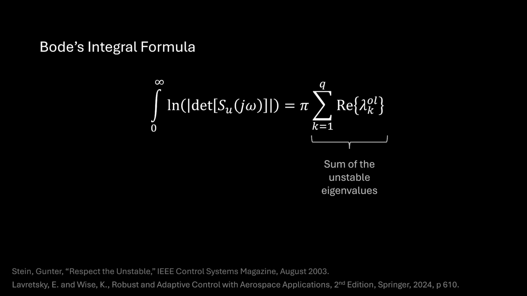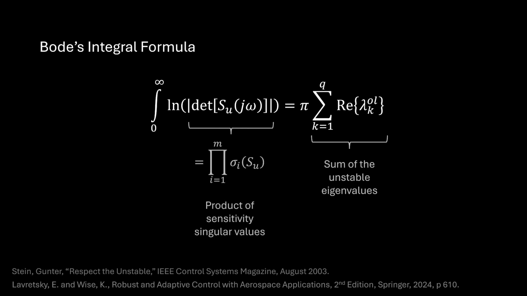The integrand isn't just a simple scalar sensitivity. It's the natural log of the determinant of the sensitivity matrix. Mathematically, the determinant is the product of the singular values. So you can think of this as the total volume of sensitivity. We can squeeze the shape, but we do not change the volume.